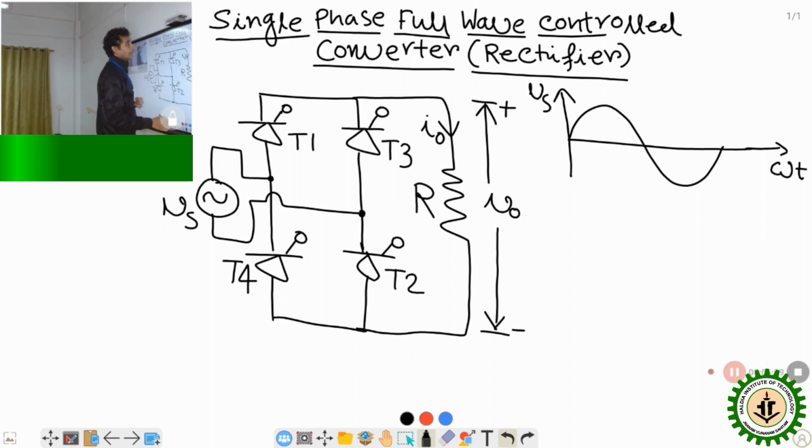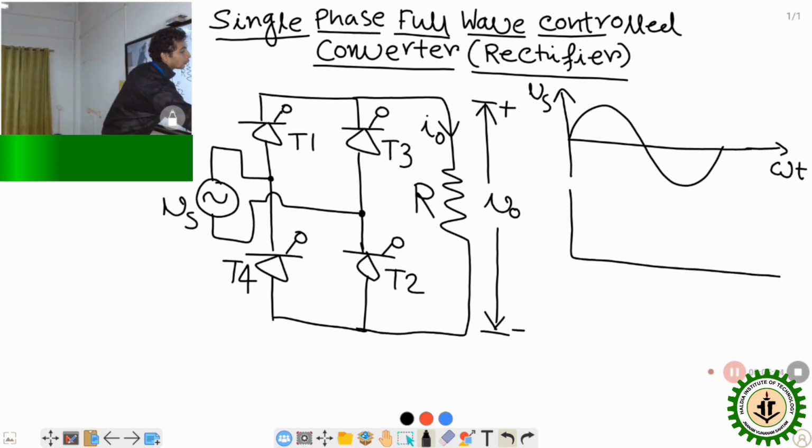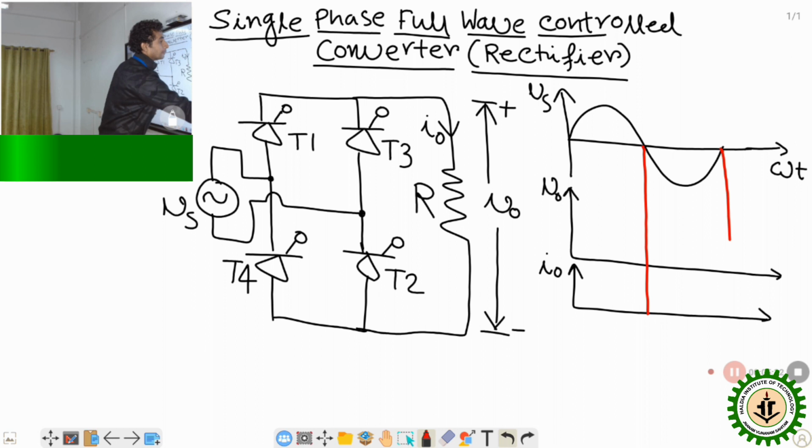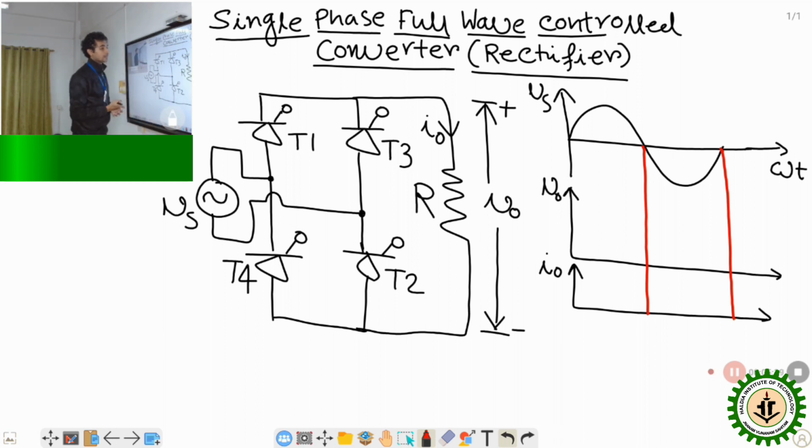I am drawing two blank profiles, one for the output voltage V0 and another for the output current I0. This is 0, pi and 2 pi points.